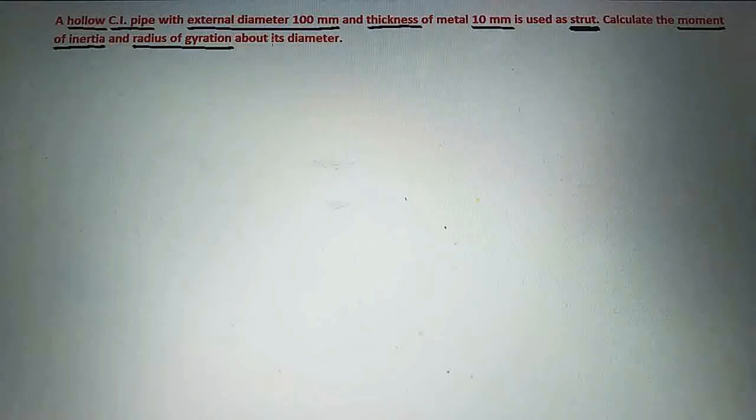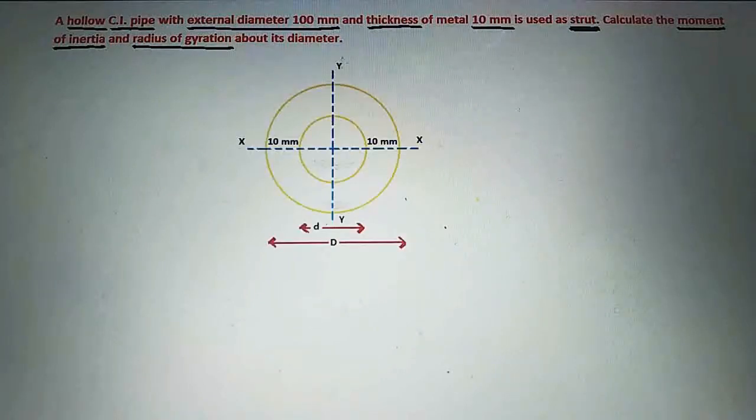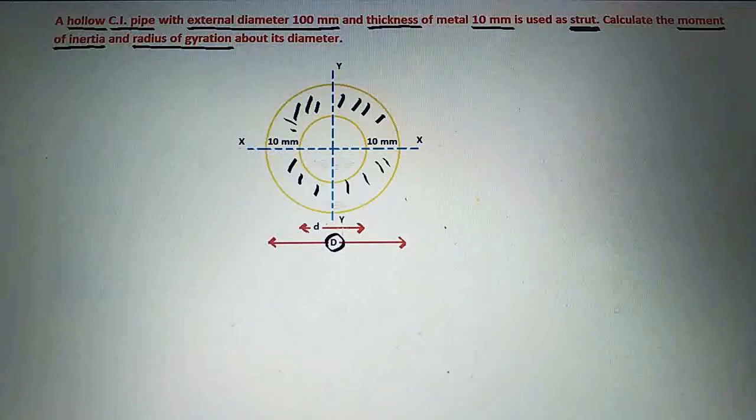So first of all, we will draw the diagram. See this figure here. This figure shows a hollow cast iron pipe, which has external diameter 100 mm. So external diameter is capital D here, that is 100 mm, and thickness of metal 10 mm.